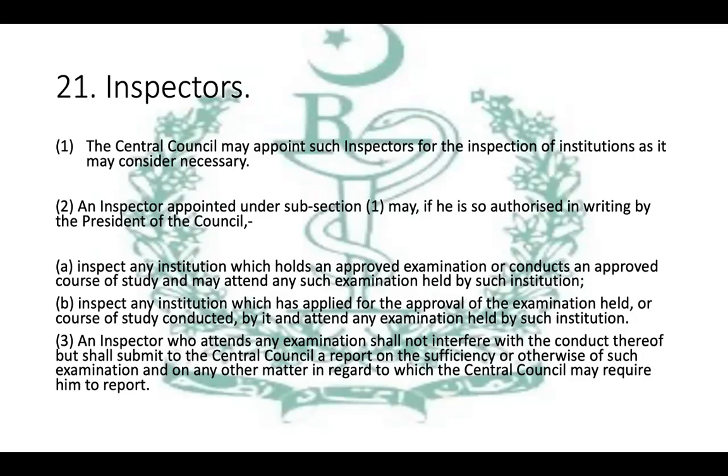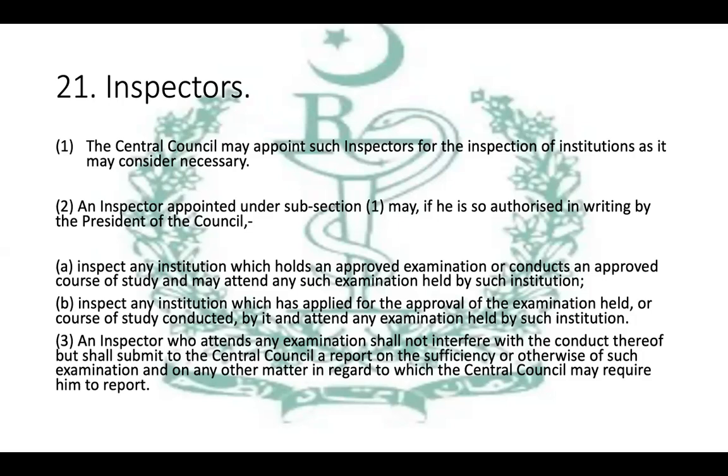Now, section 21(3) says, an inspector who attends any examination shall not interfere with the conduct thereof, but shall submit to the Central Council a report on the sufficiency or otherwise of such examination and on any other matter in regard to which the Central Pharmacy Council may require him to report.